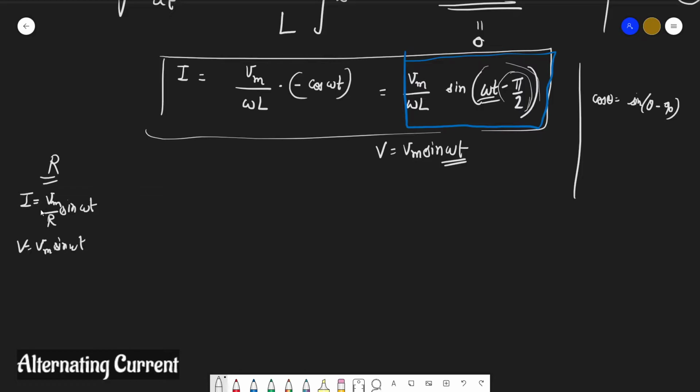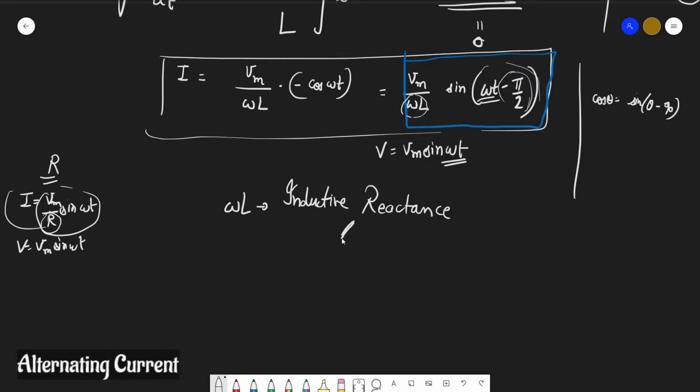So compare the current equation in the resistive circuit and this inductive circuit. You can easily see that this omega L is equivalent to the resistance. So this omega L collectively is known as reactance, because it behaves in the same manner as a resistance would in a resistive circuit.